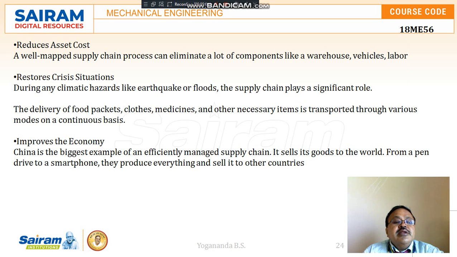It reduces the asset cost by eliminating unnecessary activities of warehouse, vehicles, and labor if we have proper supply chain management. It will also restore crisis situations during climatic hazards like earthquakes or floods, so that food packets, clothes, and medicines will be transported to where they are needed through various modes. It improves the economy of any country.